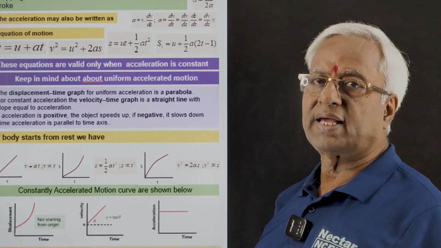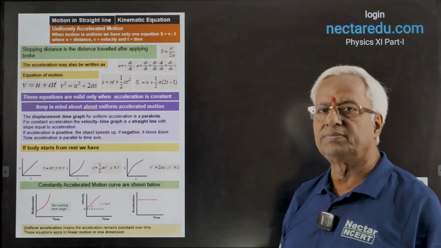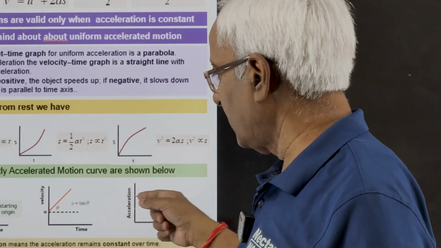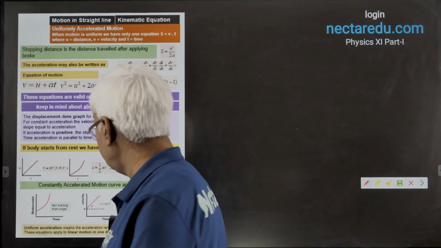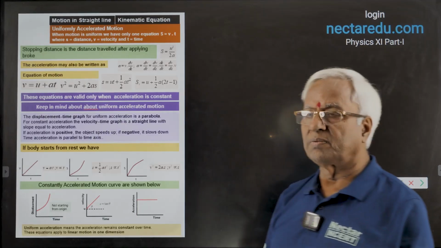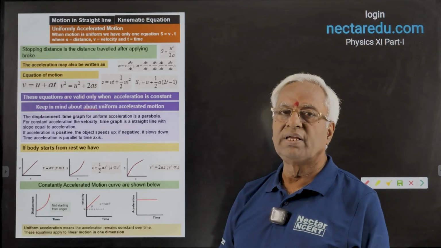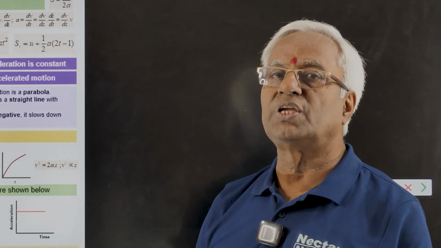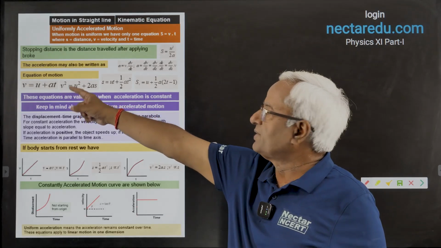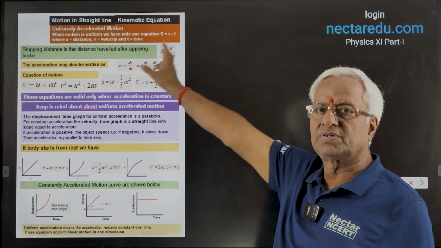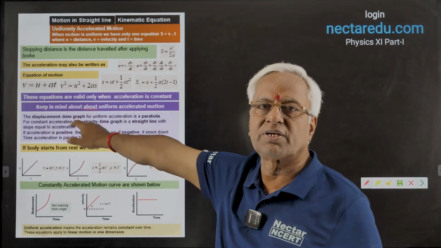And when somebody says the acceleration is constant, obviously with time they will be having a straight line graph. These equations apply to linear motion only. If it's going to change the direction, then in that case you need to apply vectors with these terms. Then these equations take the form of vector equations.